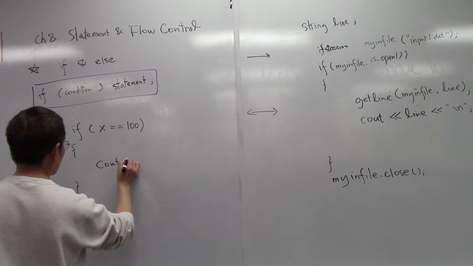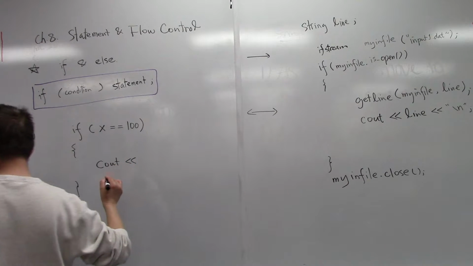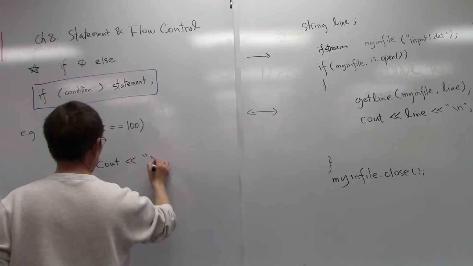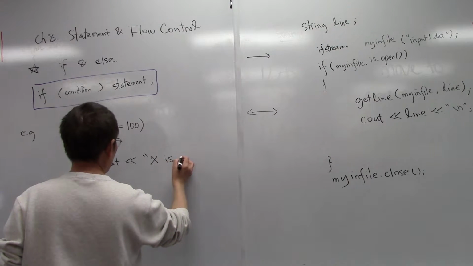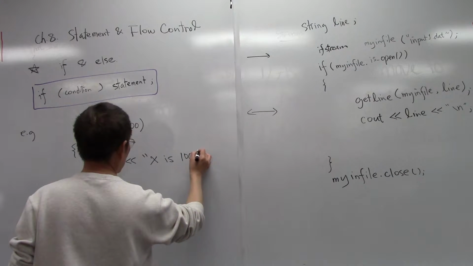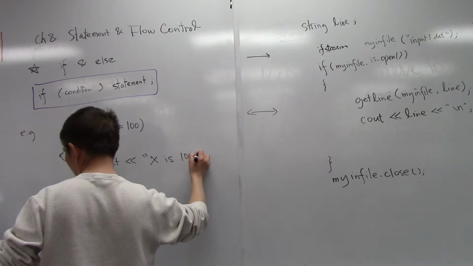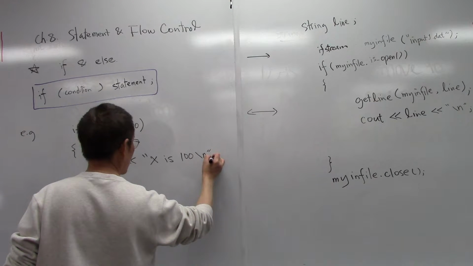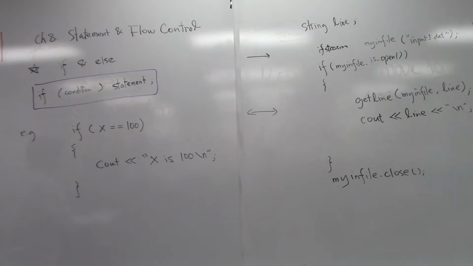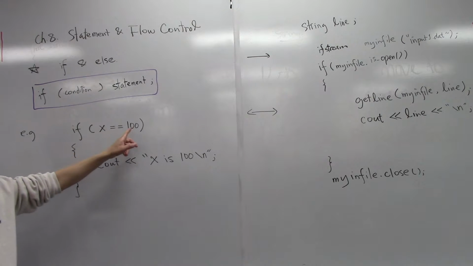it's going to print out the sentence that says x is 100. Okay, let's check. First, whatever current value x has, the computer is going to check whether it's equal to 100.